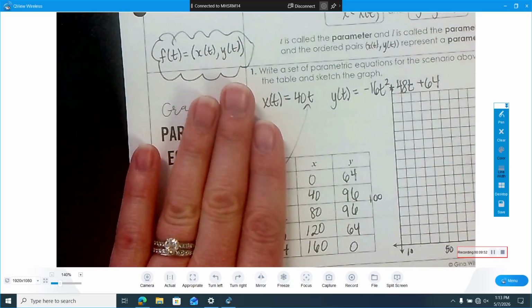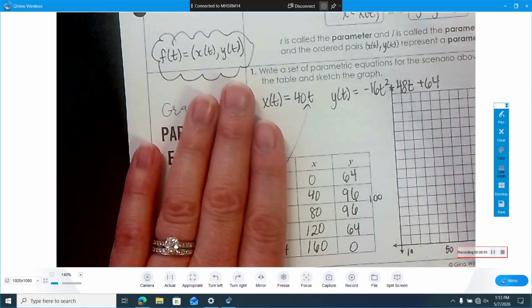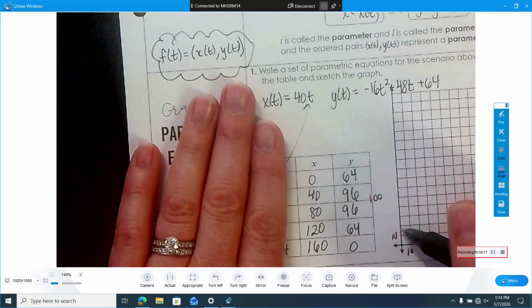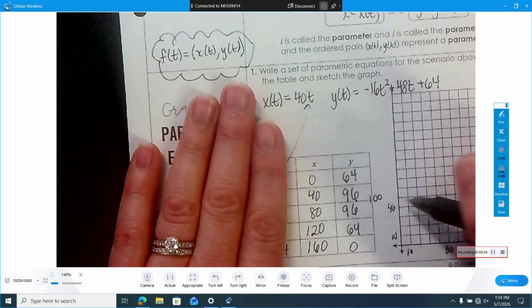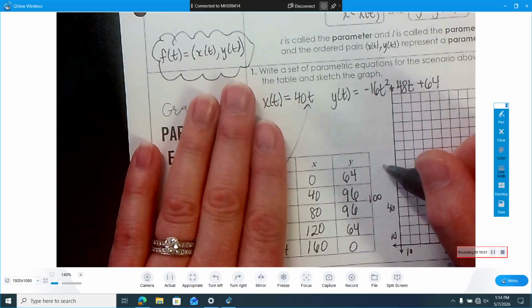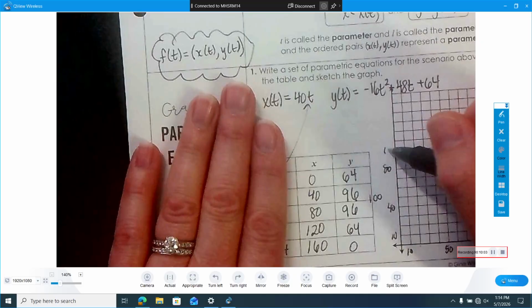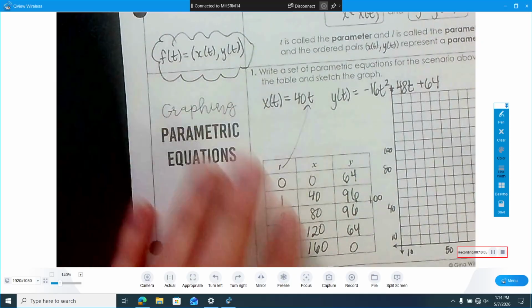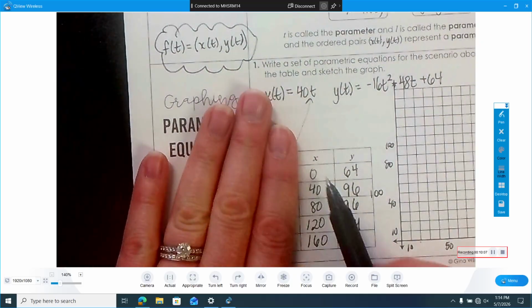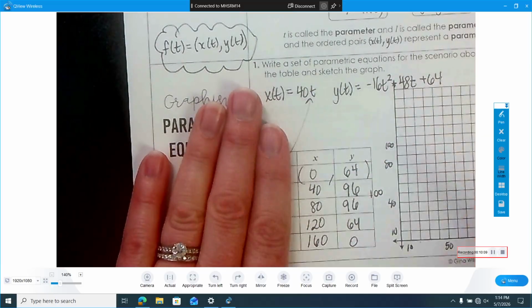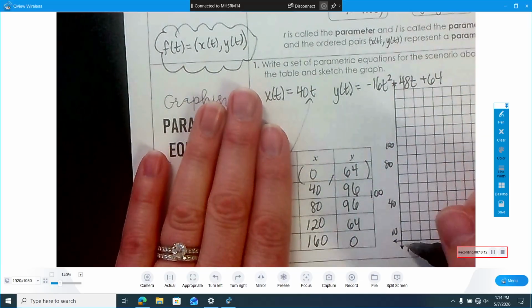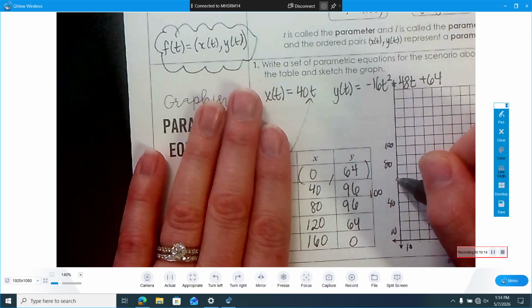Okay. And then probably these will be by 10 as well. So 10, 20, 30, 40, 50, 60, 70, 80, 90, 100. There's 100. Okay, that'll work. All right, so I'm going to plot these ordered pairs, essentially the x comma y that we just created. So 0, 64 would be about right here.